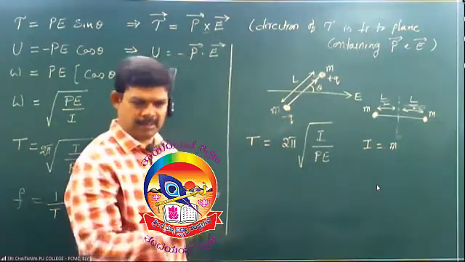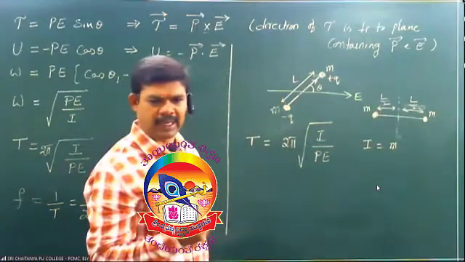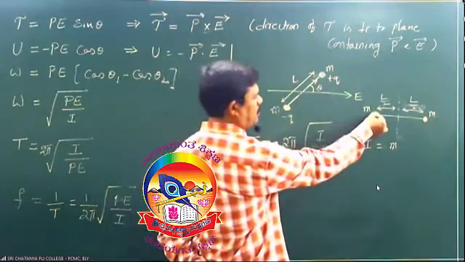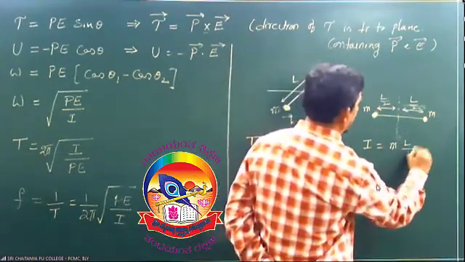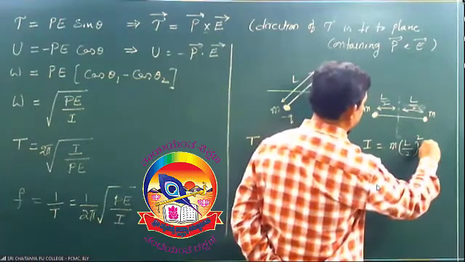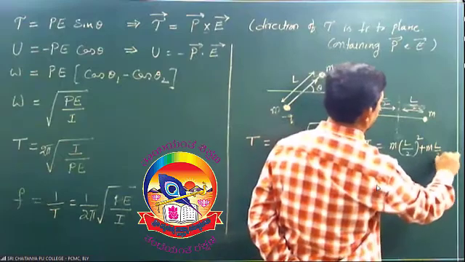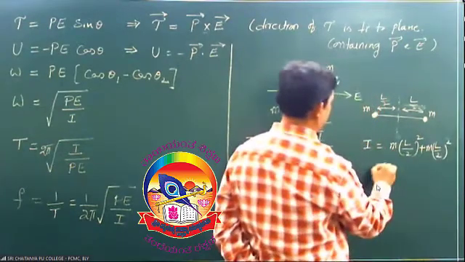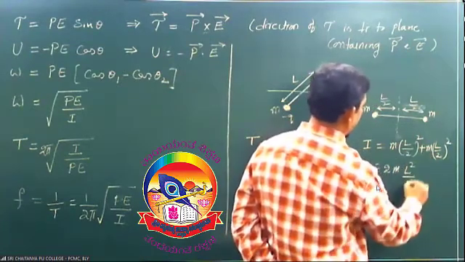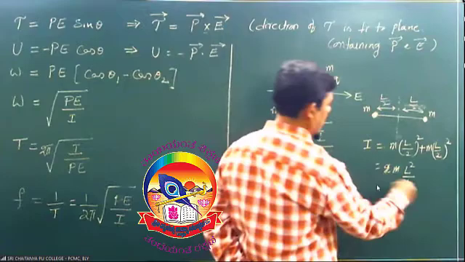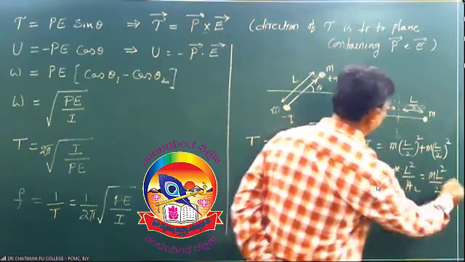Moment of inertia is mass into distance square for a particle. Here this charged particle, whose mass is m, distance is L by 2 whole square for the first one. For the second one also, m into L by 2 whole square. So 2 m L square by 4, that is m L square by 2.